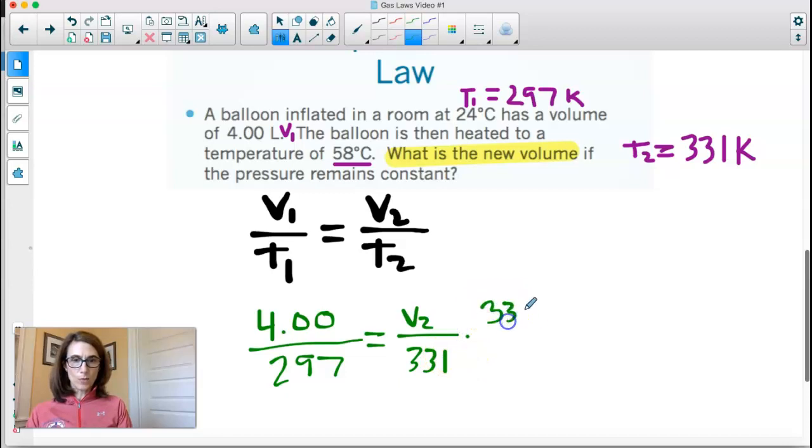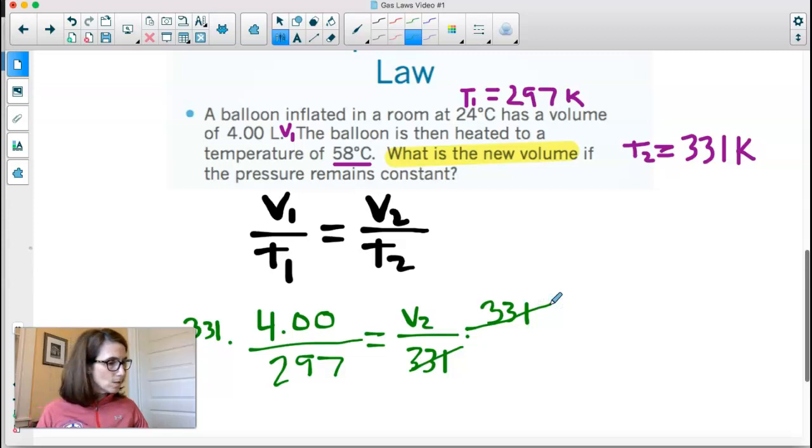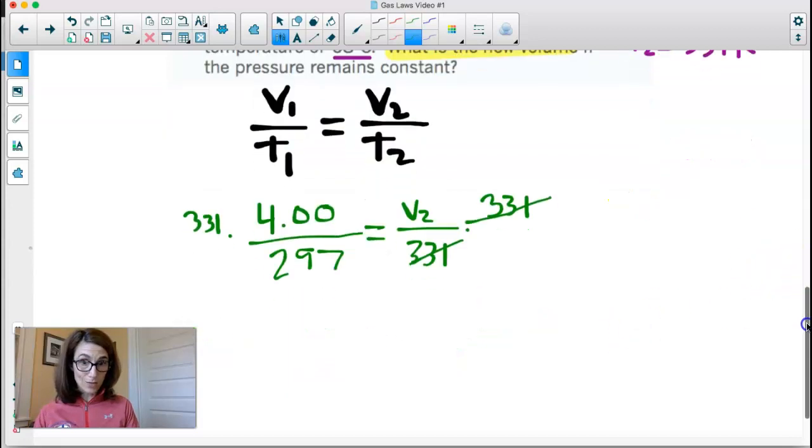Multiply both sides by 331. Cancel that. So V2 equals 331 times 4 divided by 297. Okay, and since our V1 was in 3 sig figs, I'm going to round our V2 to 3 sig figs.